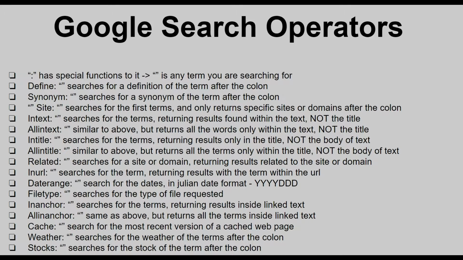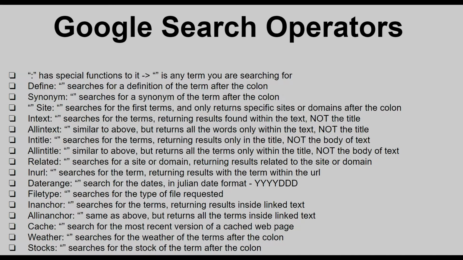If you do that, it will return results where that term you search for is specifically in the title, right? So in the hyperlink that you usually click on that takes you there, it will return results where that specific thing is in the title and may not be in the body, the little snippet of text. And then same thing with allintitle, returns all those terms within that title.